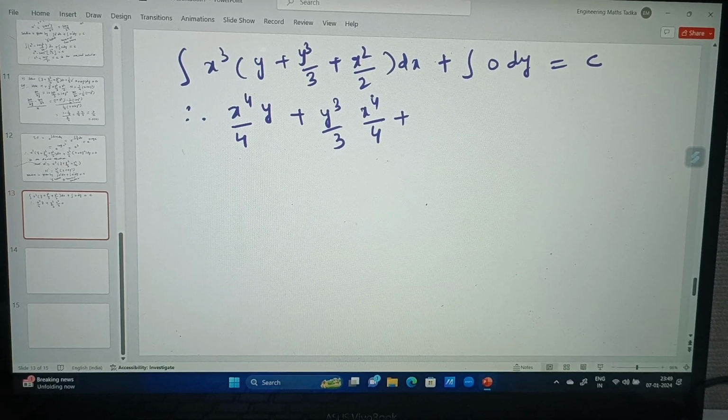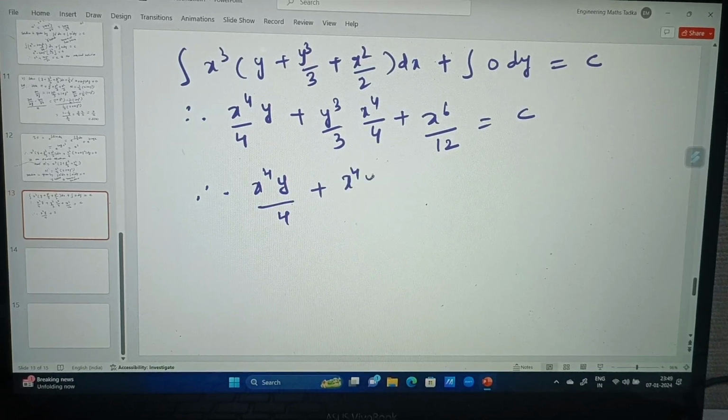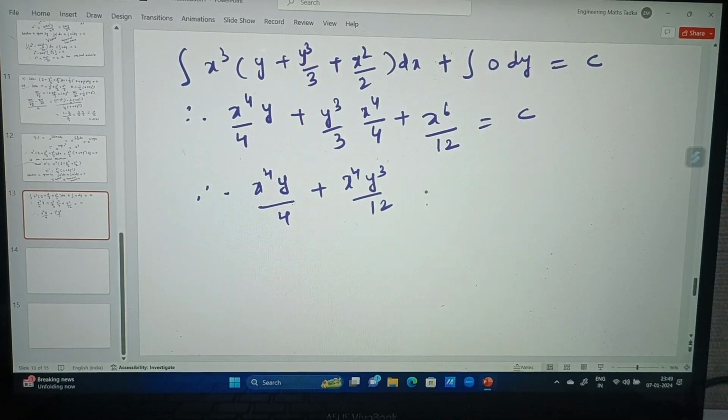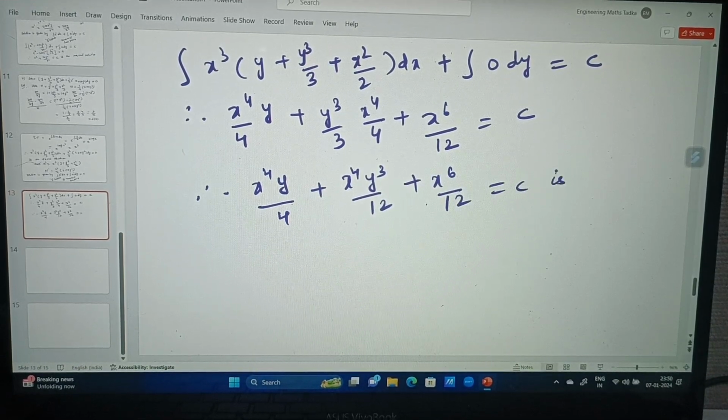What is the integration of x raised to 5 by 2? x raised to 6 by 6 into 2 will give you 12, is equal to c. So therefore you will be writing the final step as x raised to 4 into y upon 4 plus x raised to 4 into y cube upon 12 plus x raised to 6 upon 12 is equal to c is the required solution.